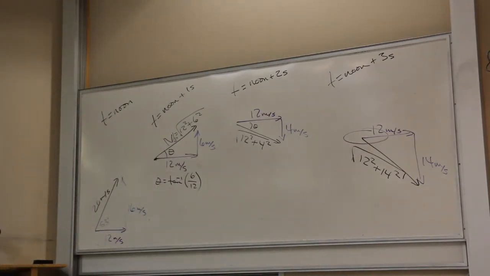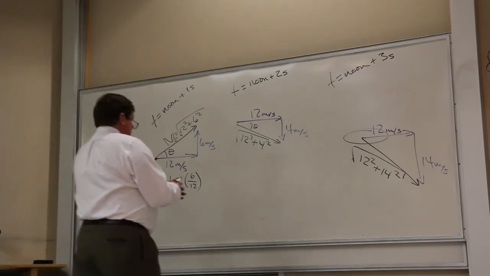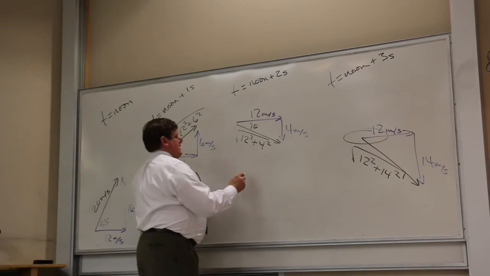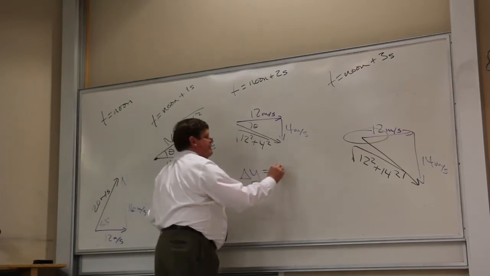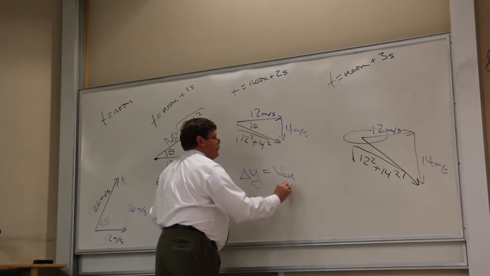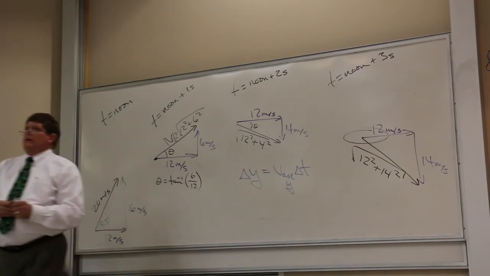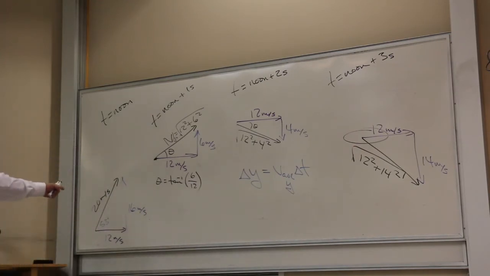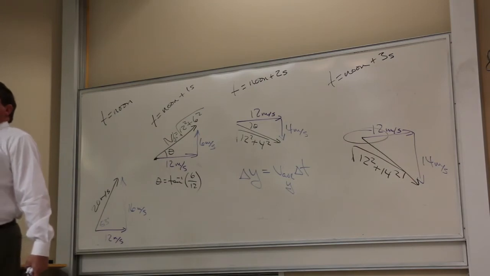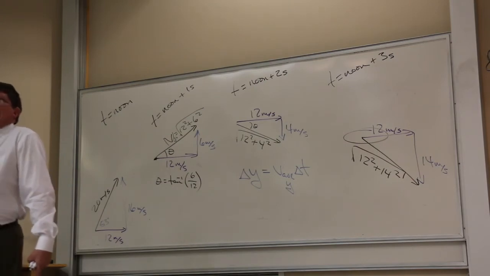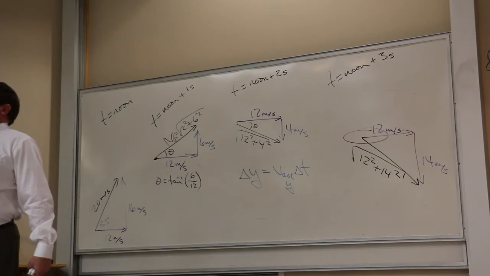How much higher is the hoop than the release point of the ball? Well, that's delta y. And that's going to be the average velocity in the y direction times the time of flight. Well, I start out with 16 up and I end up with 14 down. What's the average? What's halfway between 16 up and 14 down?